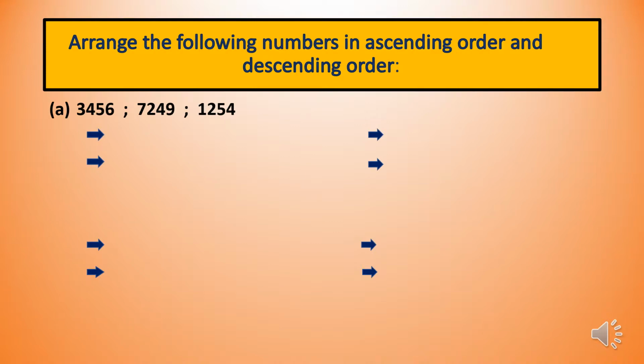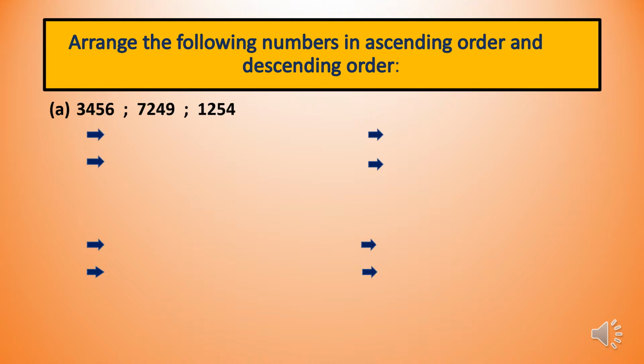If we can see, all the numbers are 4-digit numbers. So while writing the ascending order, the smallest number should be written first. So in the thousands place, if you check, 1254 is the smallest number. 3456 will come next, and 7249 is the largest number.